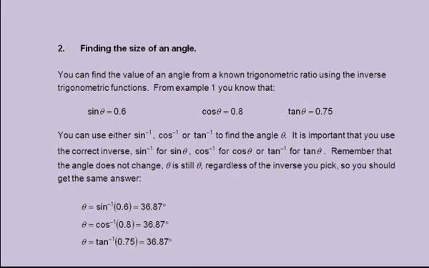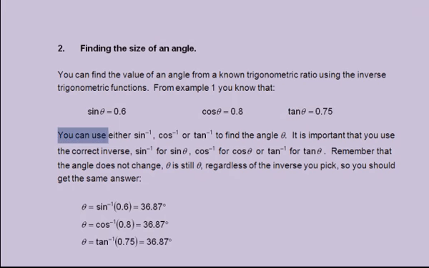Let's do a second example, finding the size of an angle. You can find the value of an angle from a known trigonometric ratio using the inverse trigonometric functions. From example 1, you know that the sine of theta equals 0.6, the cosine of theta equals 0.8, and the tangent of theta equals 0.75.